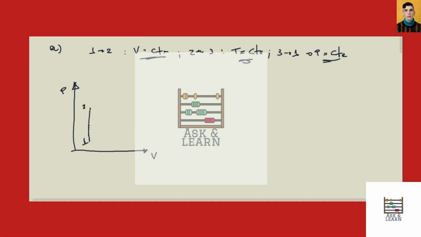From point 2 to point 3, we have a hyperbole, which is constant temperature. This is point 3. And from point 3 to point 1, we have constant pressure. Okay, so the direction of this process is the one indicated by the green arrow.